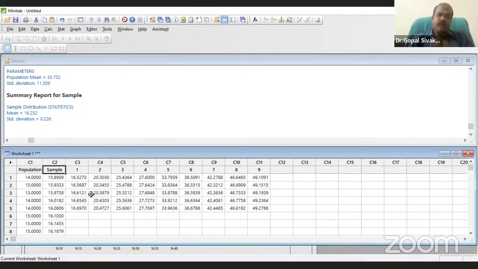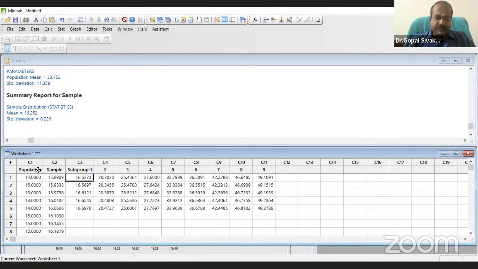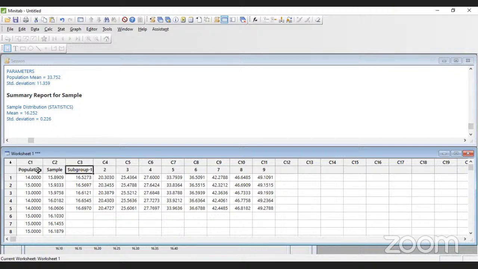All right. Now we understood population distribution. Another one is sample distribution. Please, all of you understand. Now I am going to rename the first section. How did I name the first section? Subgroup 1.